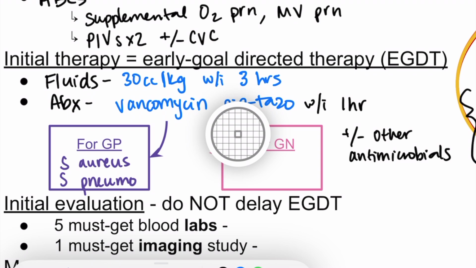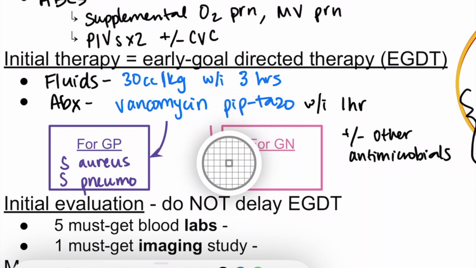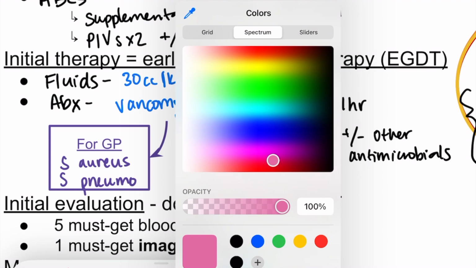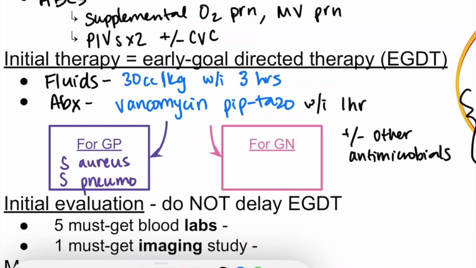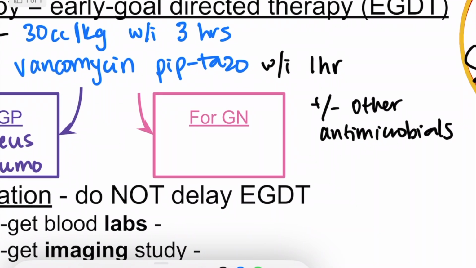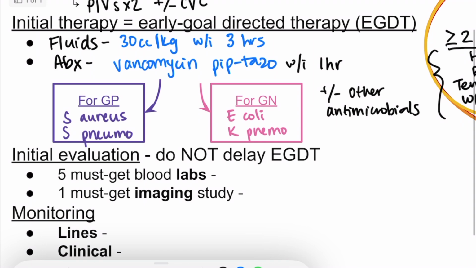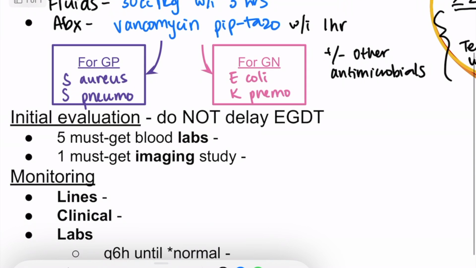We'll also want to help cover for gram-negative bacteria, and so we use piptazo for this. And the 2 typical culprits are E. coli and Klebsiella pneumoniae. After we've administered these things, we want to get labs and imaging.